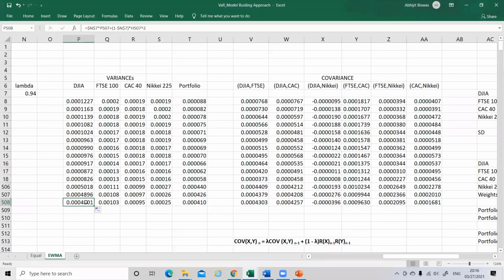P508 will be the covariance between Dow Jones and Dow Jones on 26 September, which is equal to the variance of Dow Jones on 26 September. Is this point clear or not? So come to column P, and whatever number you have in 507, just drag it down by one cell. That will be the number for the 26th September. Is it clear? Everybody got this?